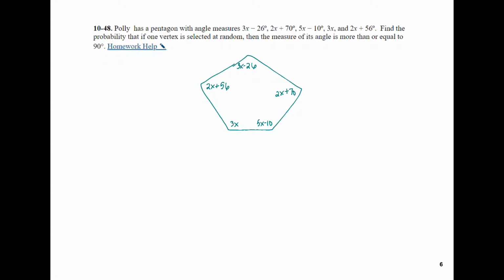So we can solve for x by using our interior angle sum. I know there are 3 triangles within this, so the sum of a pentagon is 540 degrees.